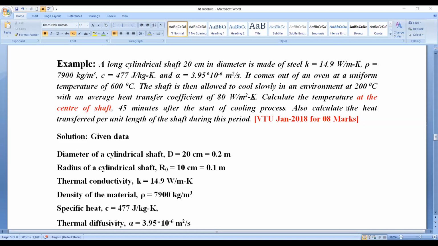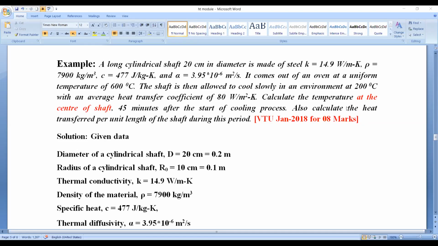So today we are going to solve the numerical on transient heat conduction, that is type 2, by using the Heisler's chart. In the last two video lectures, we have solved two problems on the infinitely long flat plate, and also a numerical on the infinitely long cylinder.